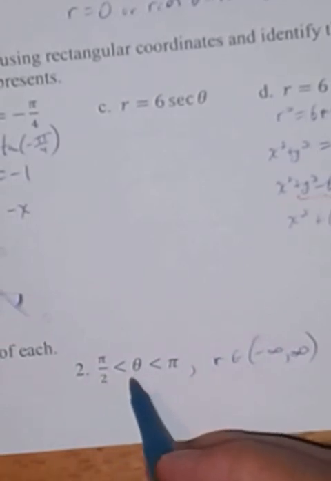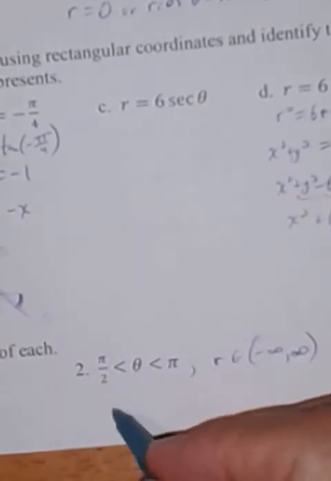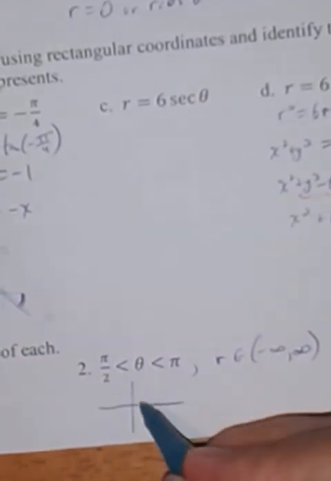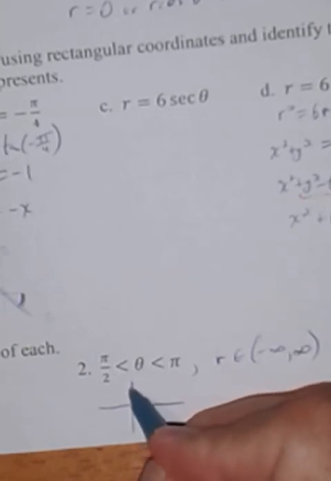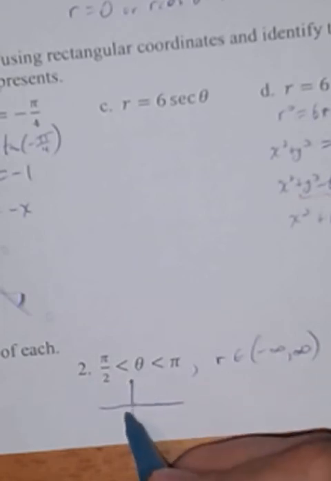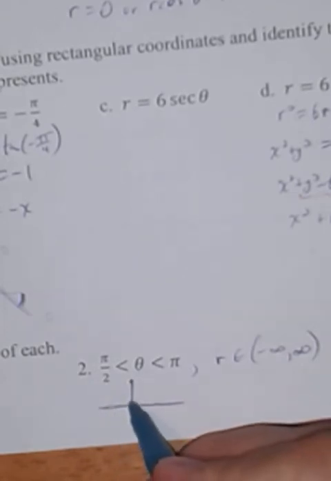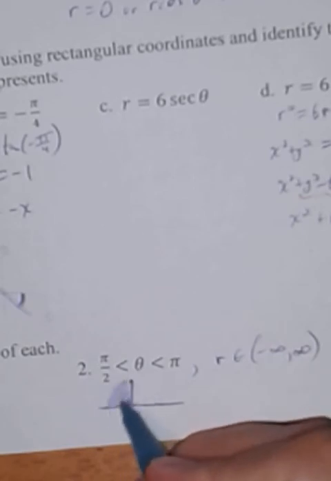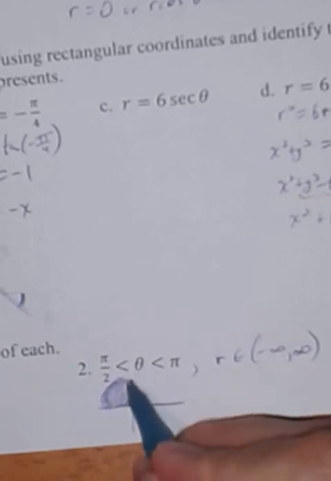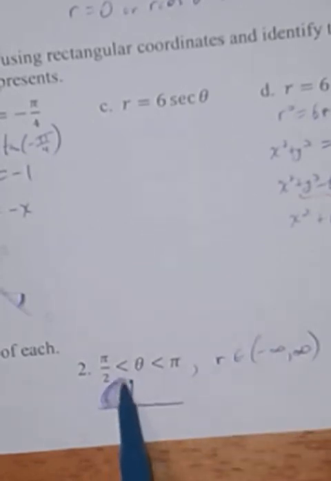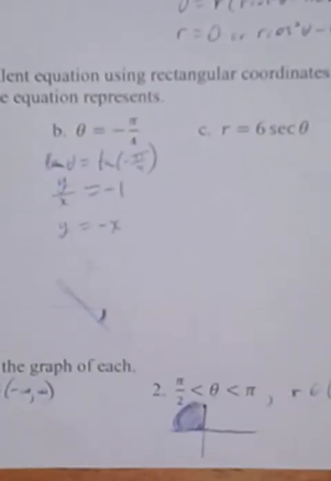From pi over 2 to pi, pi over 2 is right here, to pi. And so if we look at all the different r's that are there, it's going to be the whole quadrant. Yeah, that's the solution set, the whole quadrant. I don't know if we'll be able to graph that anywhere, but that's what it is.